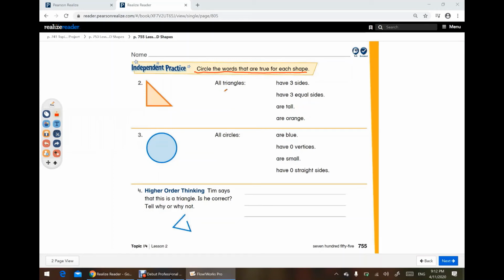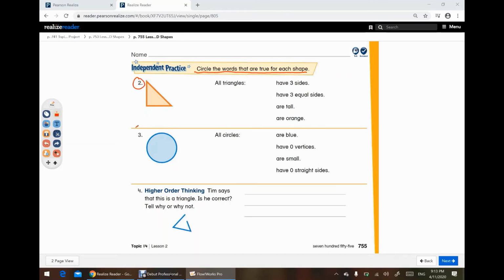All triangles have 3 sides, have 3 equal sides. They are tall or they are orange. Now you have to circle the correct one over here. In a triangle, all the sides are not equal. Only in a square, all the sides are equal. So you know which you have to circle here.